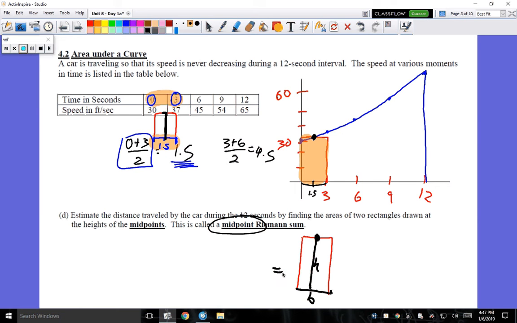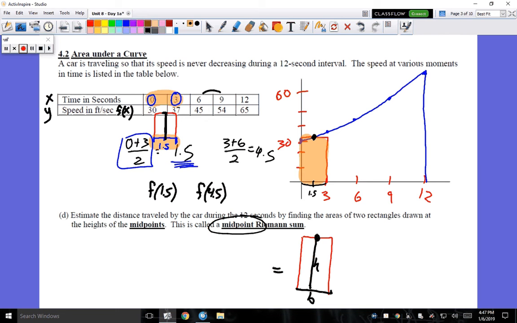Okay, so whatever that height is, let's say that this is x and y, otherwise x and f of x. I will get my first height, whatever f of 1.5 is equal to. And whatever f of 4.5 is equal to will give me my second height.